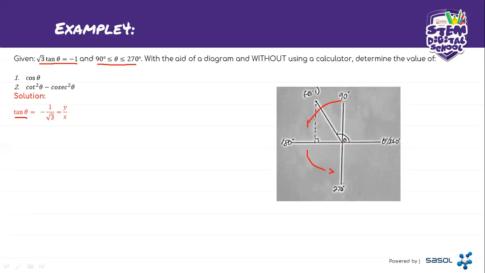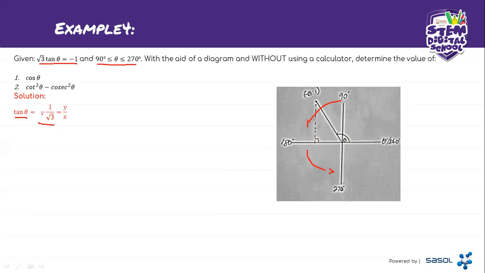Now, if they have to choose the third quadrant, it's not going to be correct, because on the third quadrant y is negative and x is negative. You can see from this side we have only one negative. It does not give us both negative.